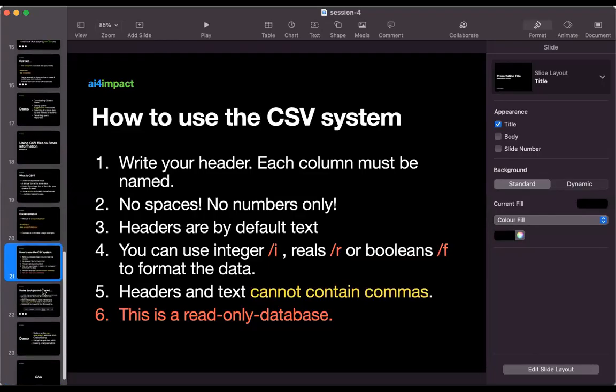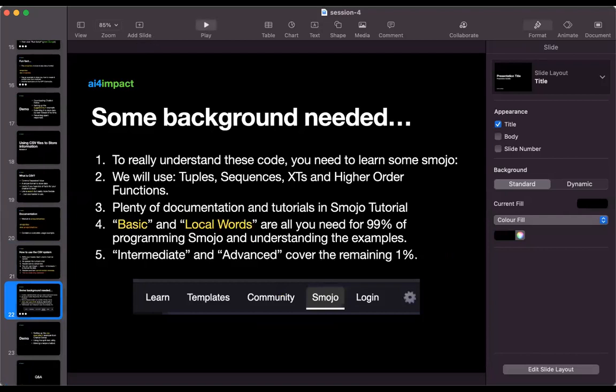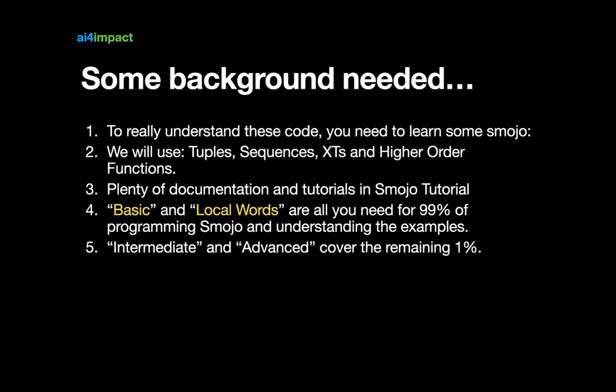I need to explain something about the background. In order for you to understand what I'm going to describe right now, you do need to know some parts of Smojo, which is like tuples, sequences, XTs, and higher order functions. So these 4 topics are quite important. There's plenty of documentation and tutorials in the Smojo tutorial.